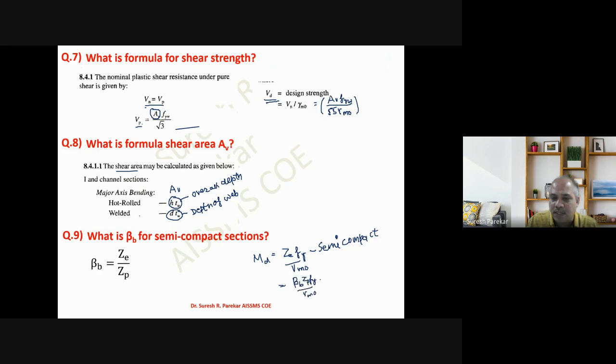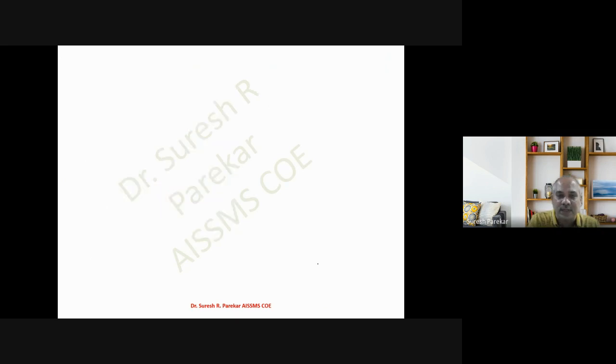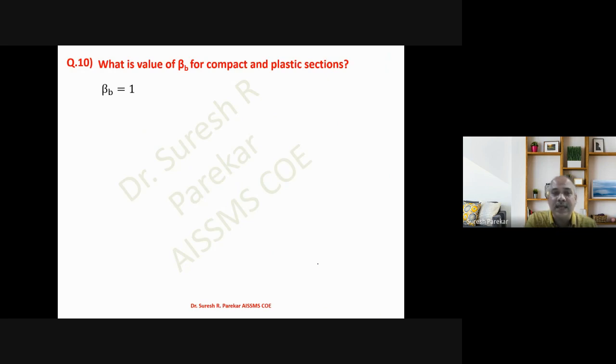If we put beta b as Ze divided by Zp, into Zp Fy upon gamma m0, your Zp gets cancelled, and you will get Ze Fy upon gamma m0 for semi-compact. But for compact and plastic sections, my value of beta b is equal to 1.